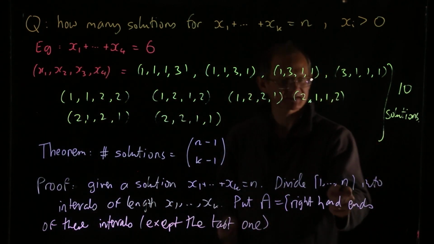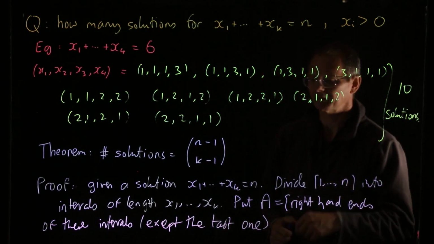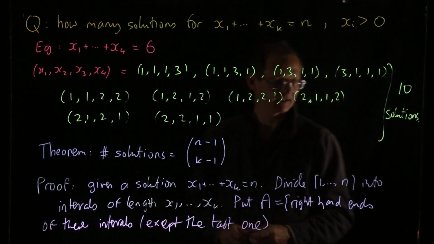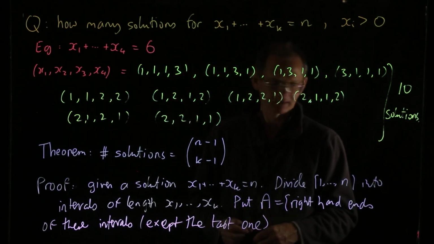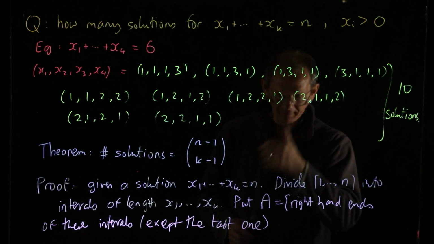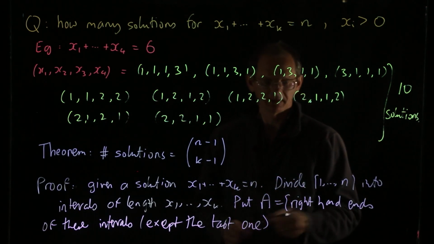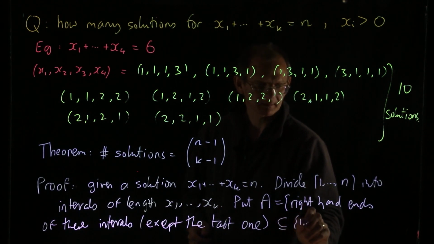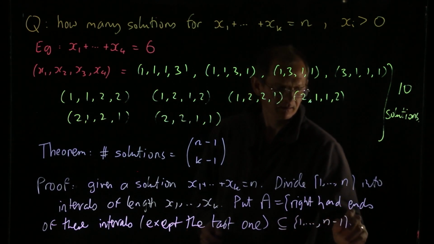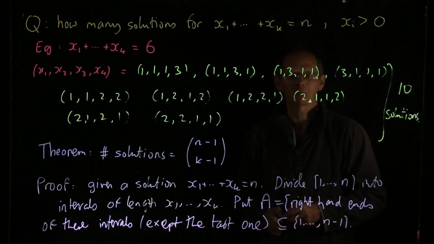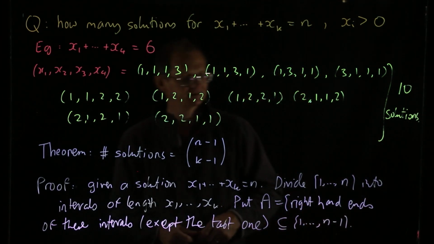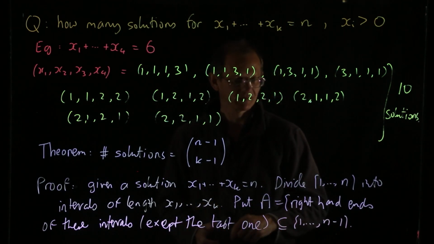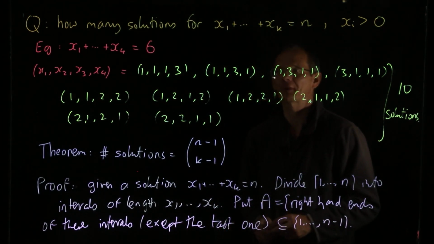The last interval, of course, has to end at the right-hand end of the whole block at n. So that's not really telling us anything. So we ignore that last interval and consider all the others. These are in the set 1 up to n minus 1. n can't appear: n is the endpoint of the last interval, and the previous intervals all have endpoints before that.